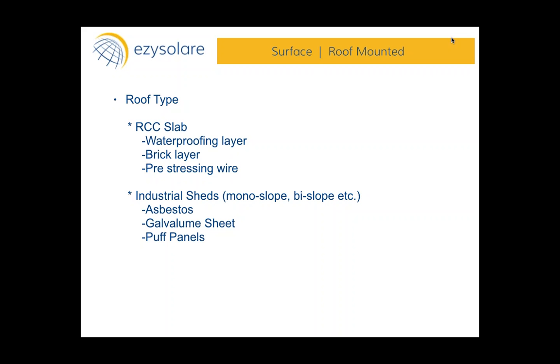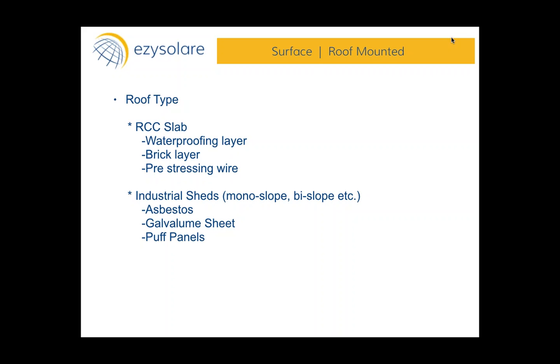The design criteria to look for in an RCC slab, first and foremost, is a waterproofing layer on it, because that really poses a challenge and is one of the most important criteria in deciding what kind of foundations we go with. Second, some old buildings constructed like 15 years back might have brick layers on top of that RCC. And there are a couple of new buildings coming with pre-stressed wires instead of steel reinforcement. Those demand even more caution while doing the structures work.